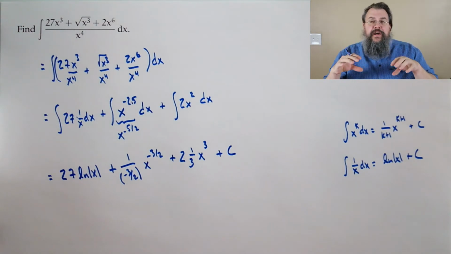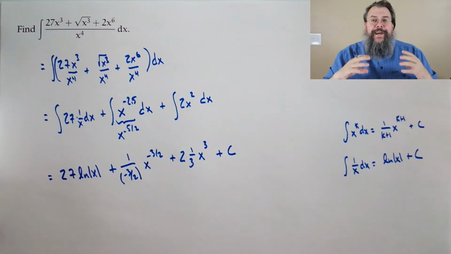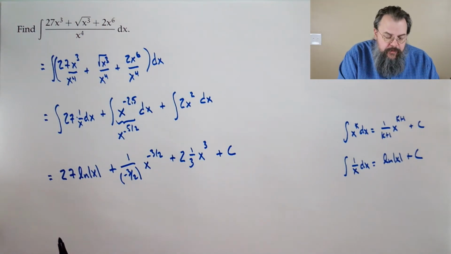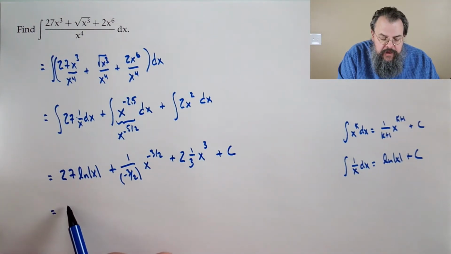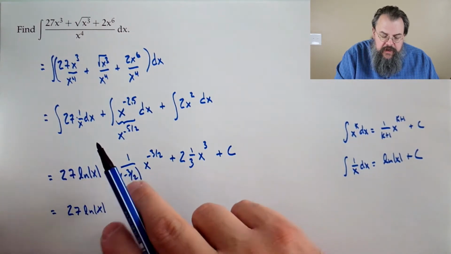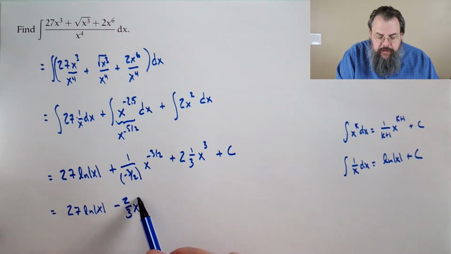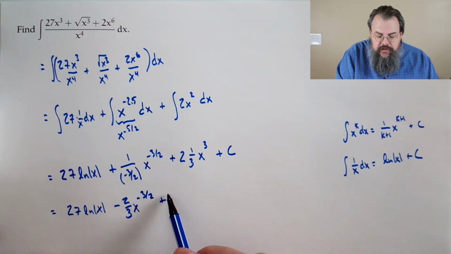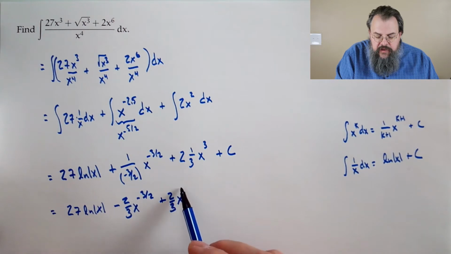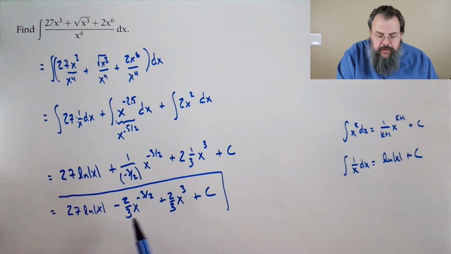Because if you have a bunch of constants, they can all merge into one single uber constant that covers them all. All right, so we'll clean this up. 27 log of x. Here, if we flip it over, minus 2/3 x to minus 3 halves plus 2/3 x cubed plus c. And there we go.